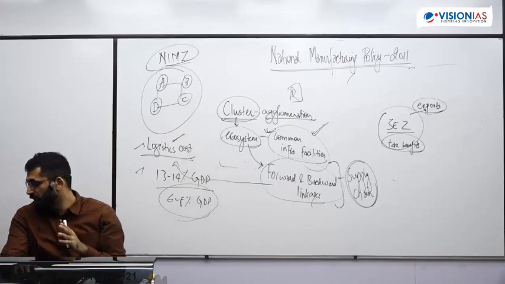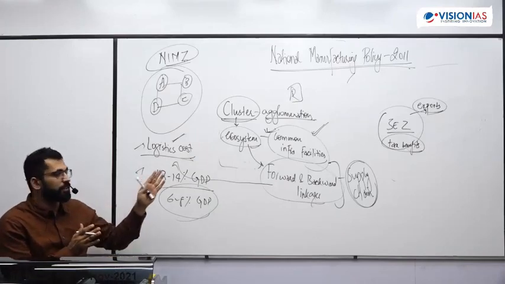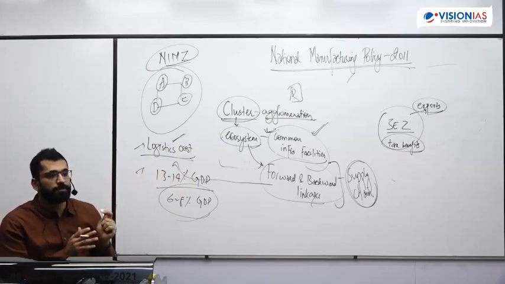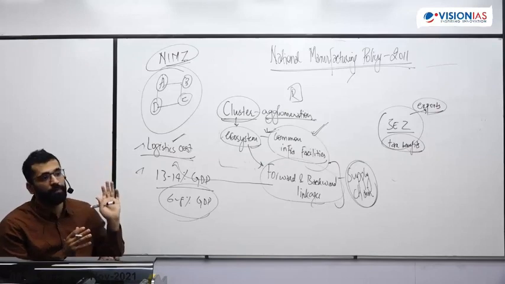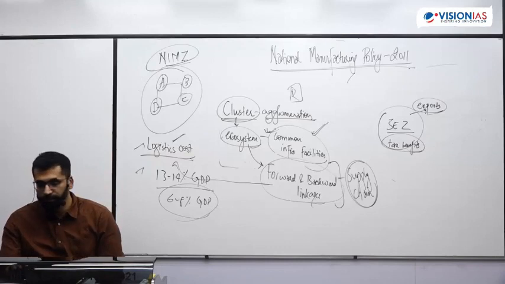We have to create manufacturing facilities. Purpose is this: providing common infrastructure facilities, providing the forward and backward linkages. SEZ, the purpose was exports. They are two different things. SEZ was completely for exports, but NIMZ for manufacturing, providing the cluster and agglomeration benefits.